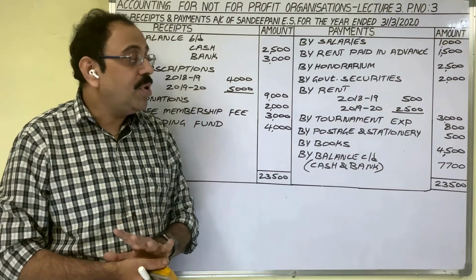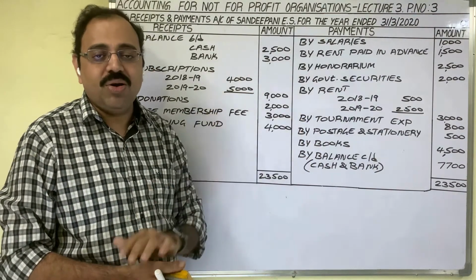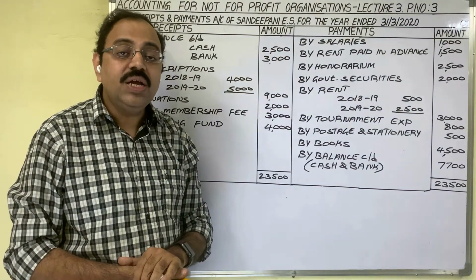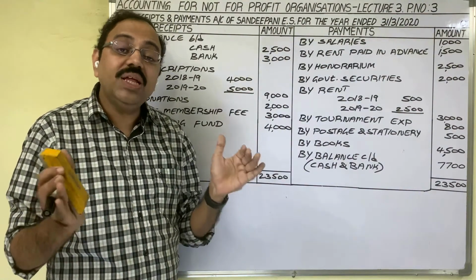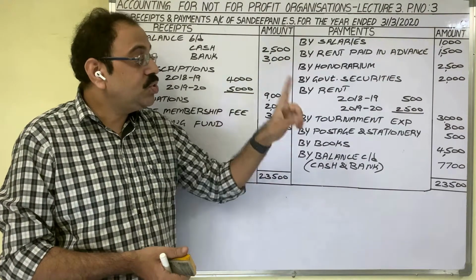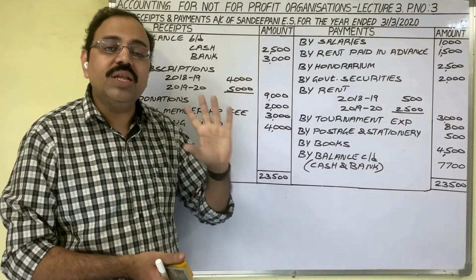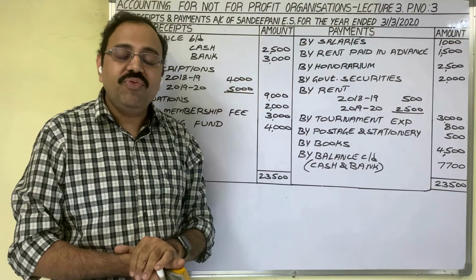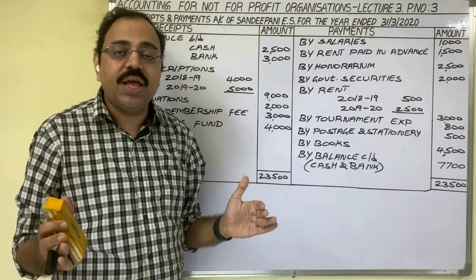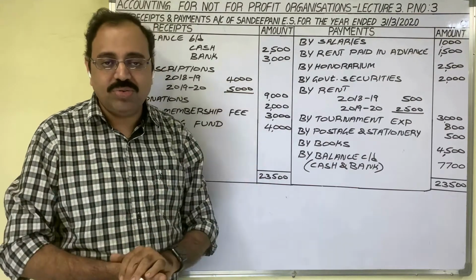So this is all about receipts and payments account. So in first three lectures, I covered all points related with receipts and payments account. So as I said, first two videos links are also available in the description box. So if you see these three lectures, then you will get a complete idea about receipts and payments account.